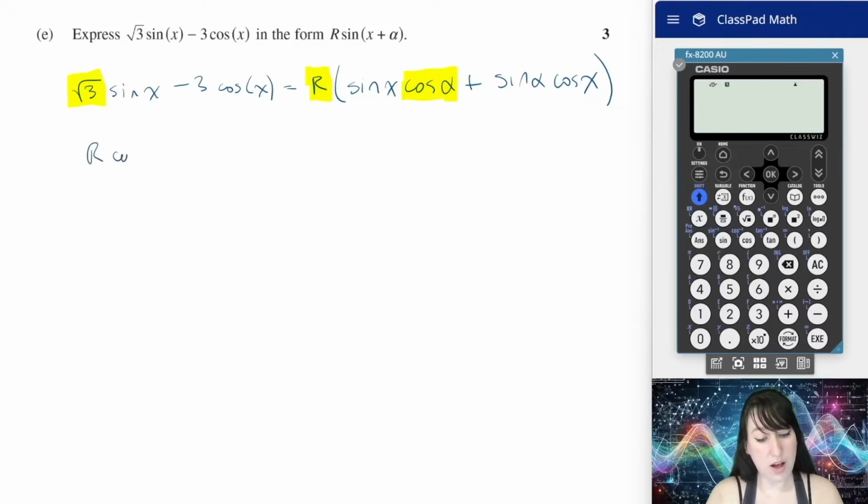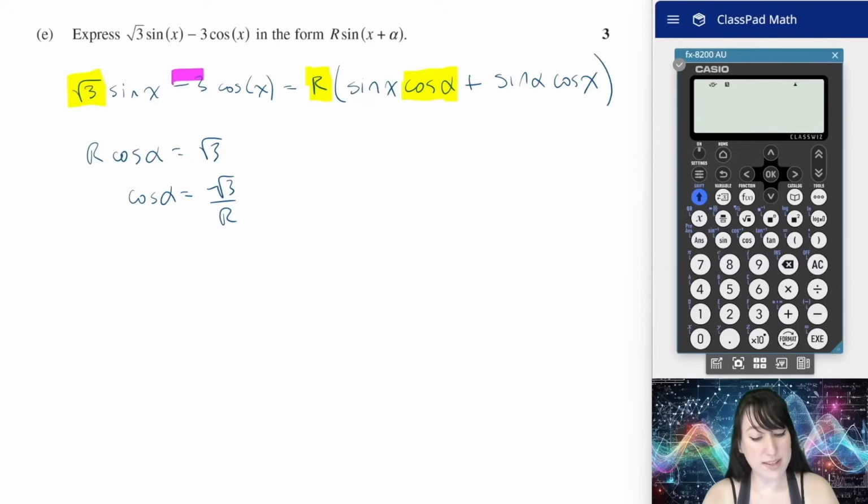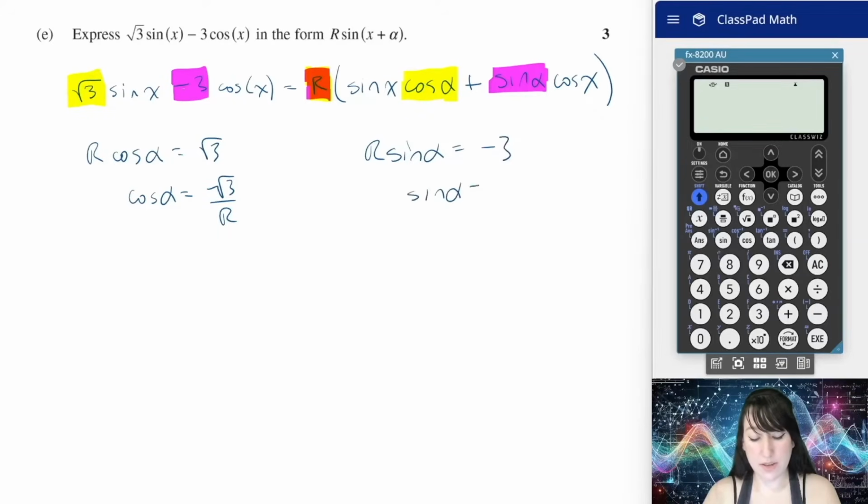So r cosine alpha equals root 3, which gives us cosine alpha is root 3 over r. The coefficient for cosine on the left-hand side is negative 3. On the right-hand side, it would be r, again, because we would have to expand the bracket, sine alpha. So r sine alpha equals negative 3. So sine alpha equals negative 3 over r.